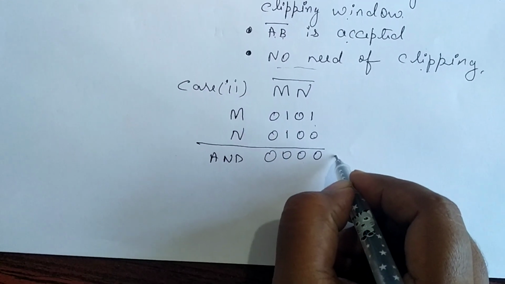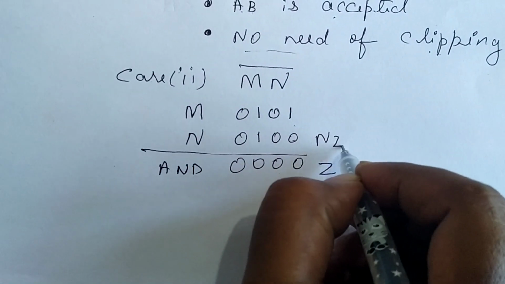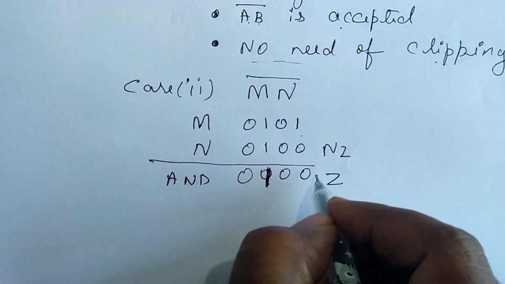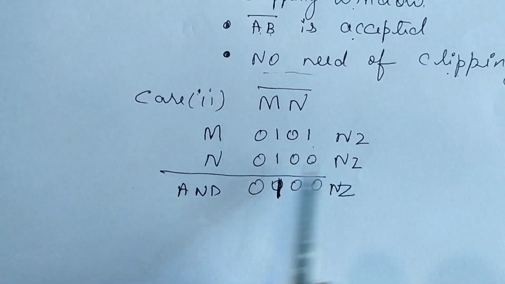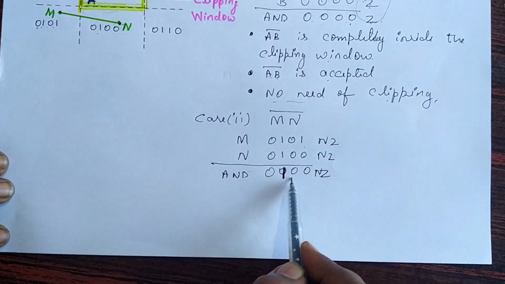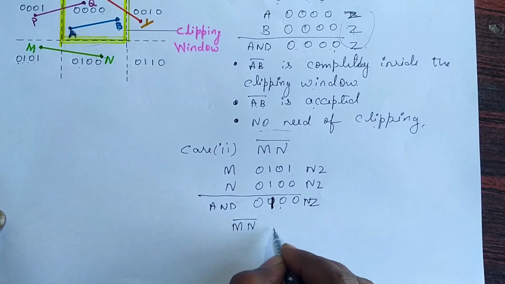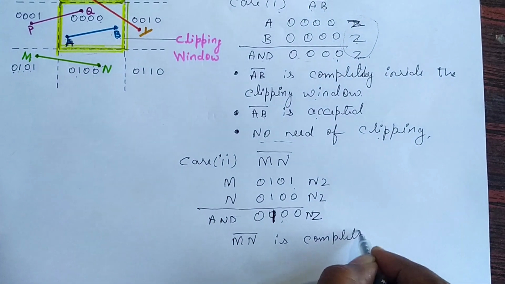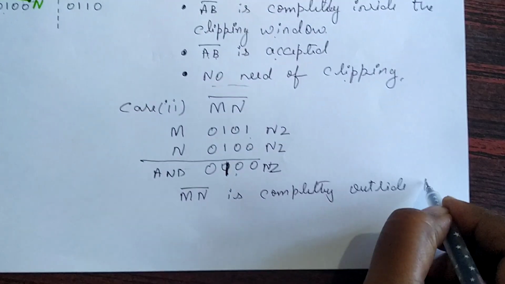So what does the result become? The AND operation result is non-zero. So in this case, all these three are non-zero. If all these three are non-zero, this means that the line segment MN is completely outside the clipping window.